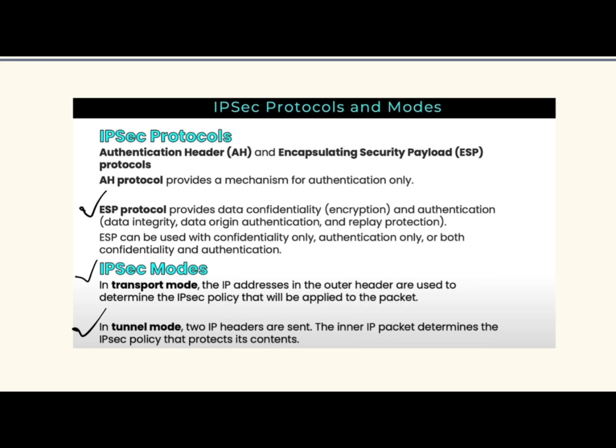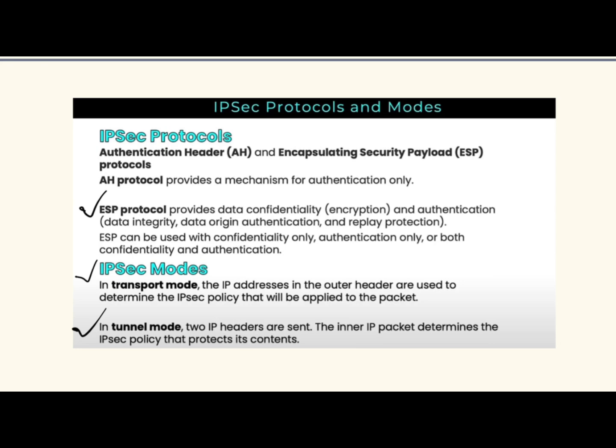Data confidentiality is not needed, but verifying the packet was not tampered with, altered, or modified is. For example, communication inside a secure internal network where encryption is not required, but you want proof of origin and data integrity. Drawback: AH exposes the data unencrypted and does not work well with network address translation.